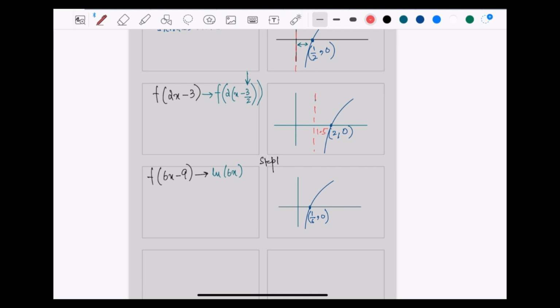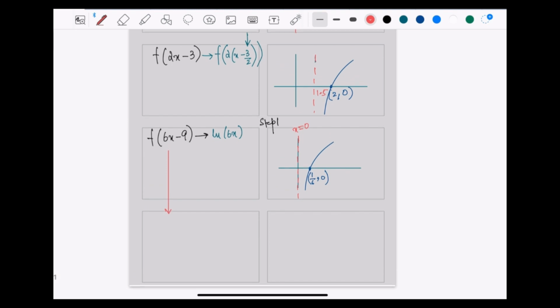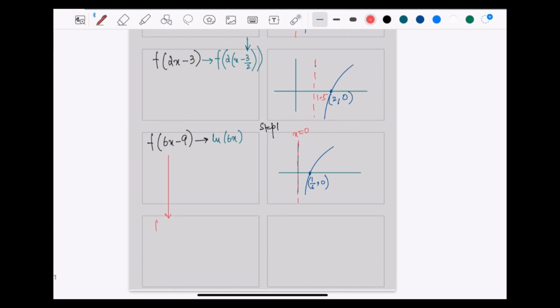And the asymptote line is going to be x equals 0. Now for the next one, f of 6x minus 9 is going to be ln 6, if I take it common, x minus 9 over 6. You can also write 9 over 6 as 3 over 2.